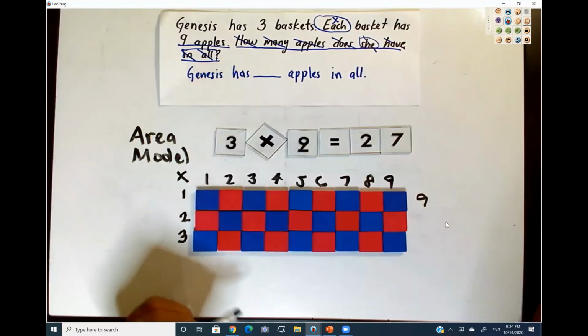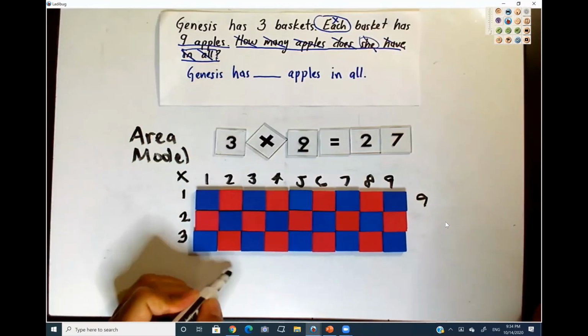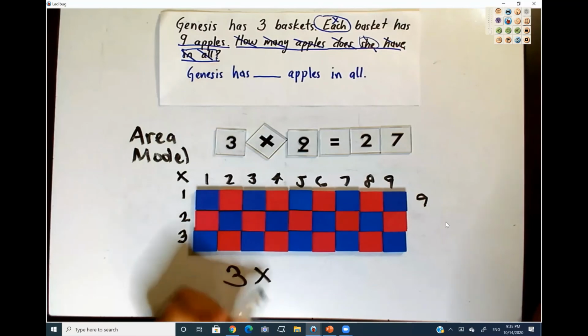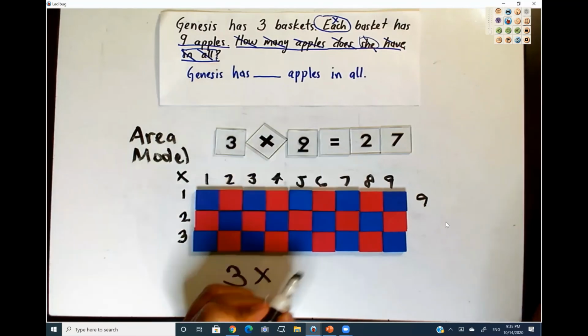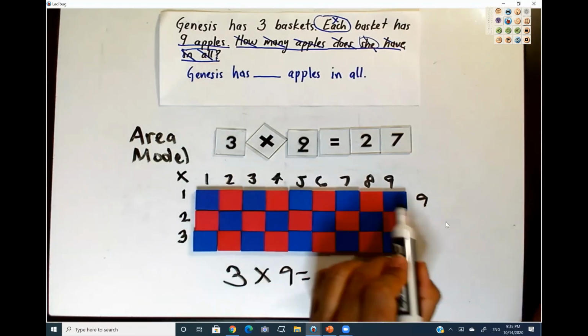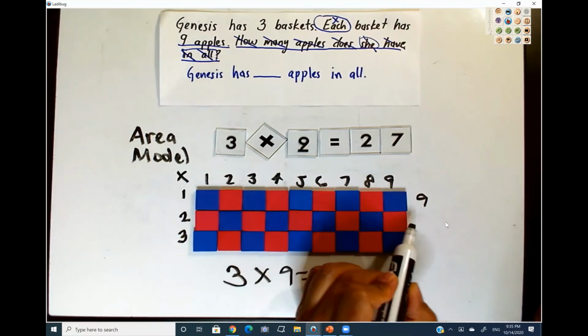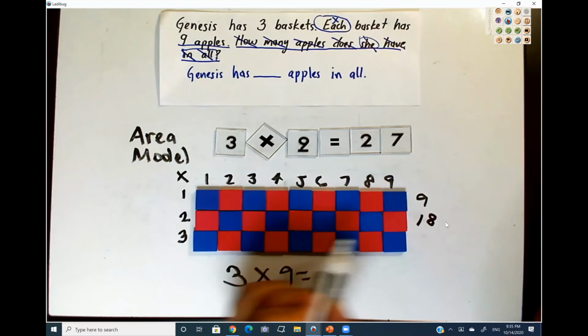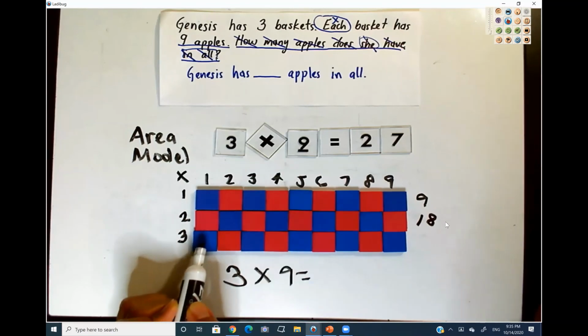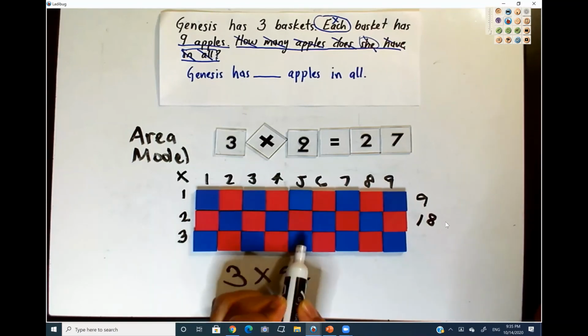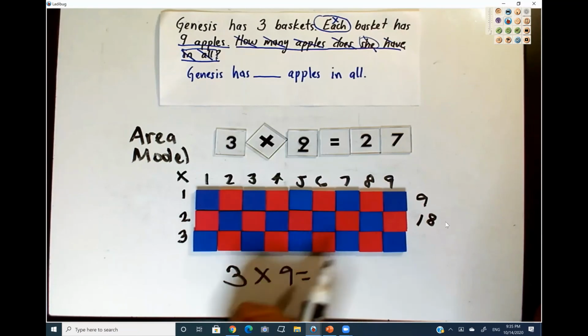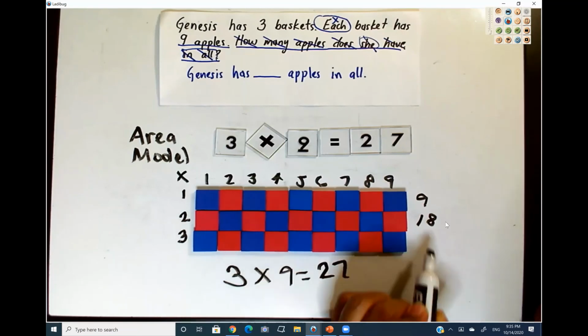The multiplication again is 3 times 9, or 3 groups of 9. And then we keep counting. This is 9, 10, 11, 12, 13, 14, 15, 16, 17, 18. And then 9 more: 19, 20, 21, 22, 23, 24, 25, 26, and 27. So the answer is still 27.